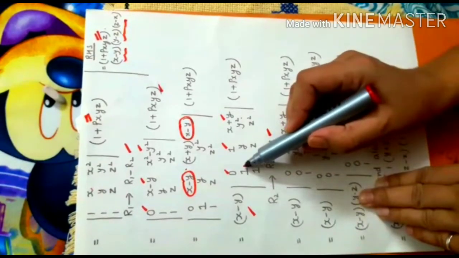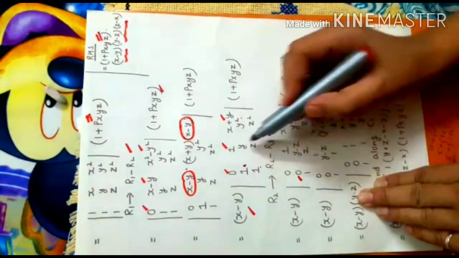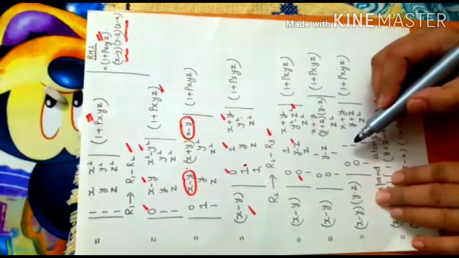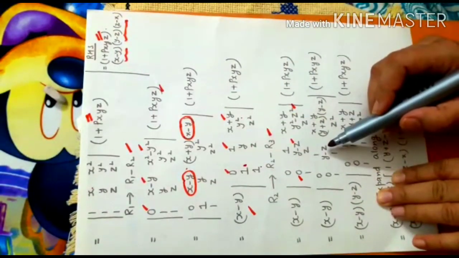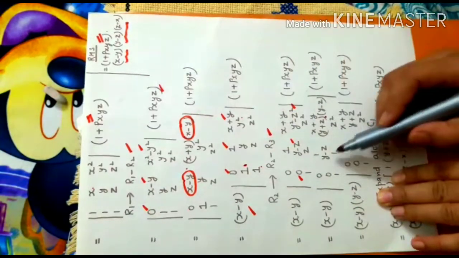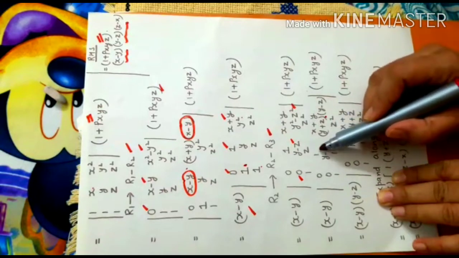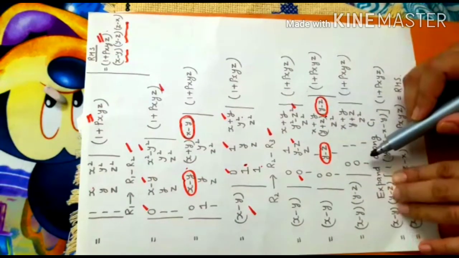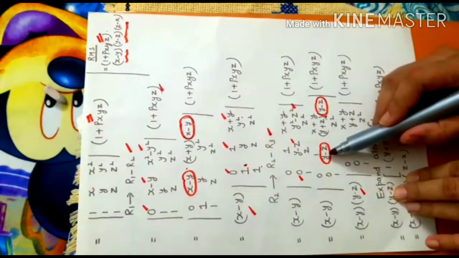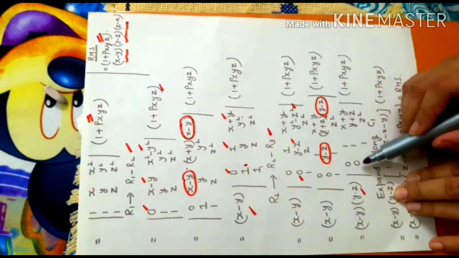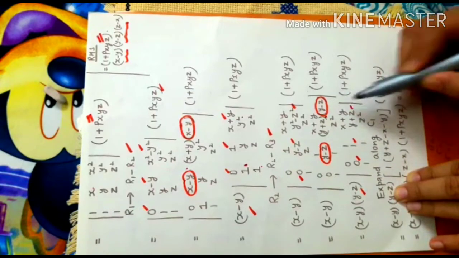So I'll be getting 1 minus 1, 0, y minus z, y square minus z square. As done previously, I'll factorize this, and now you can see that from the second row I can take this factor common. So after taking y minus z common from R2, the second row will become 0, 1, y plus z.